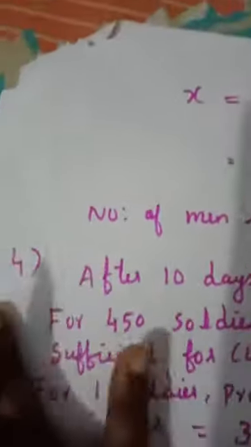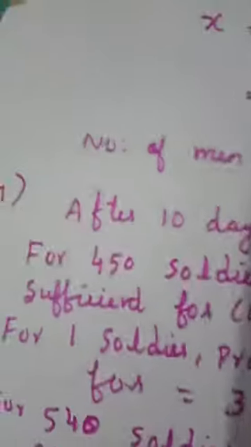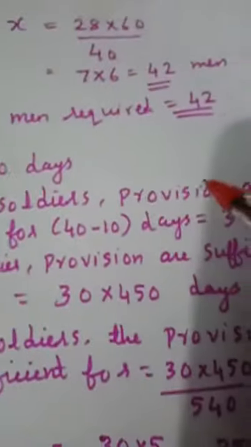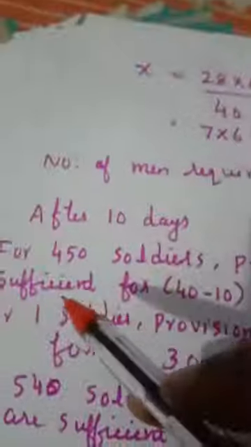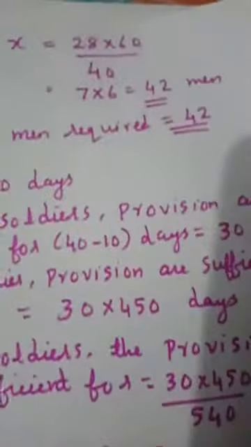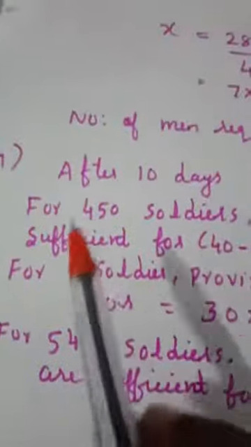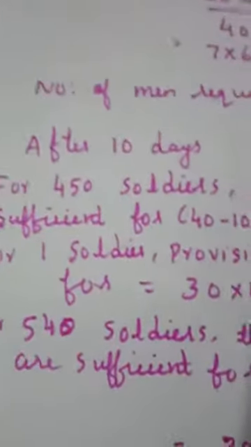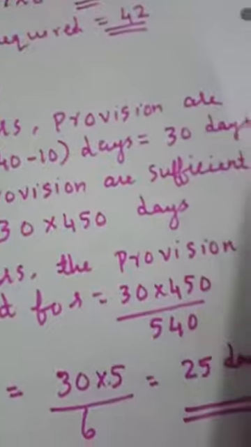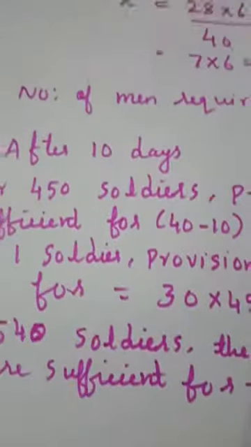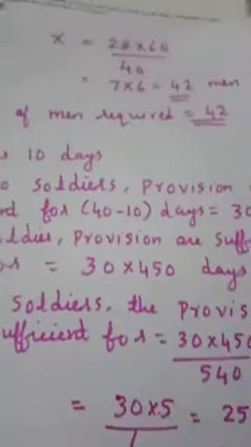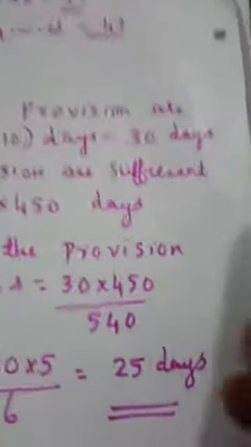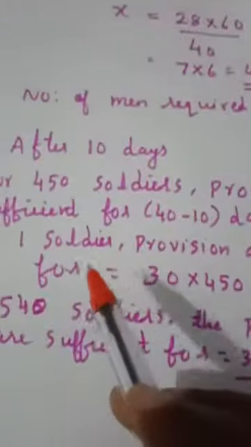See here, fourth question. After 10 days, for 450 soldiers, the provision is sufficient for 40 minus 10, that is 30 days.